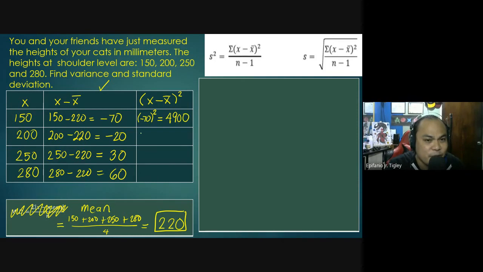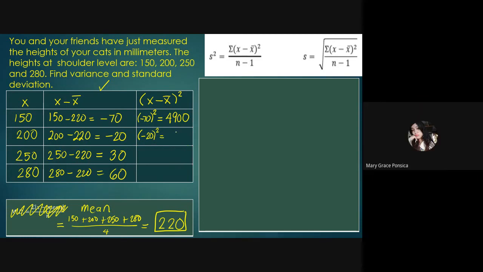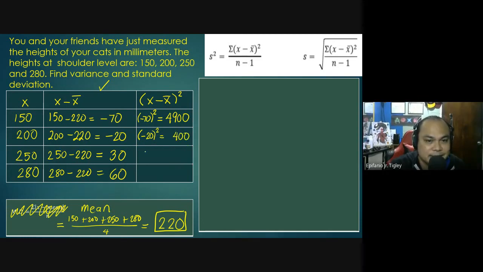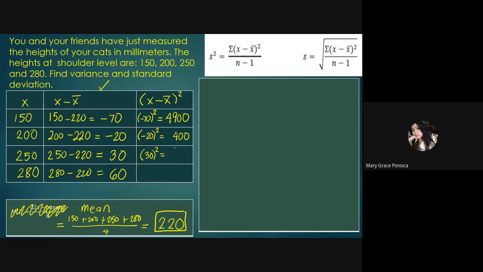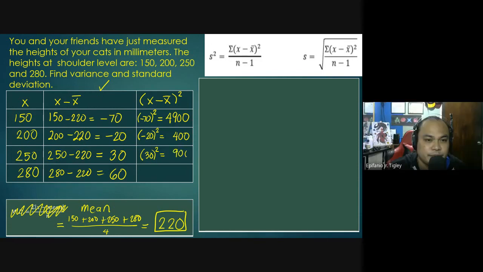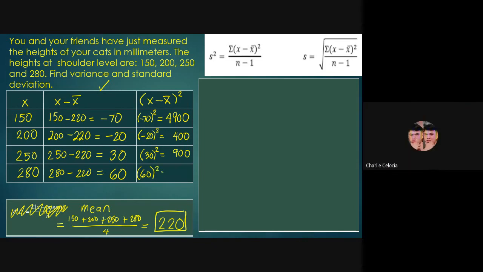Same thing with negative 20 squared, how much is it? 400. Next, 30 squared is how much? 900. What is 60 squared? 3,600.